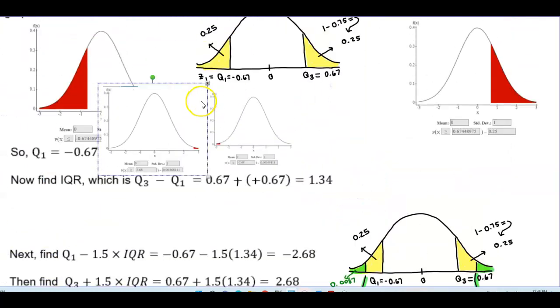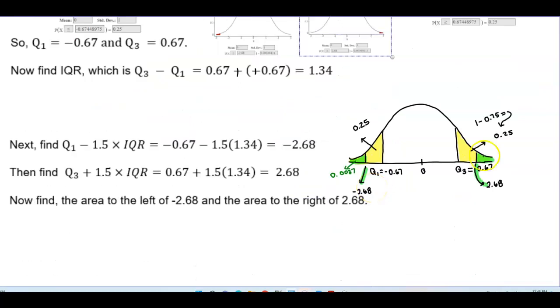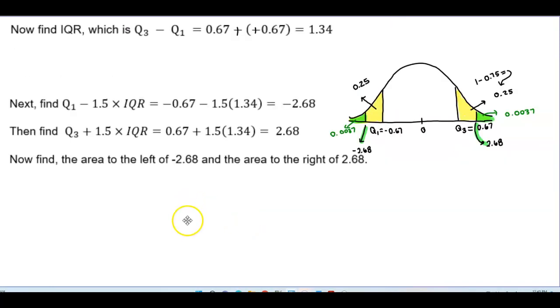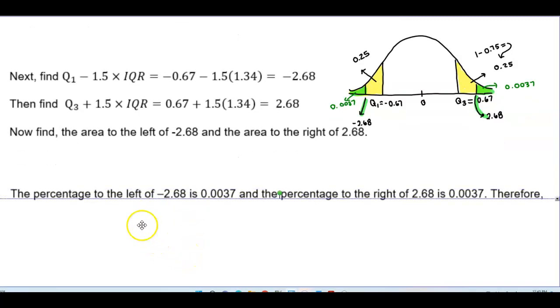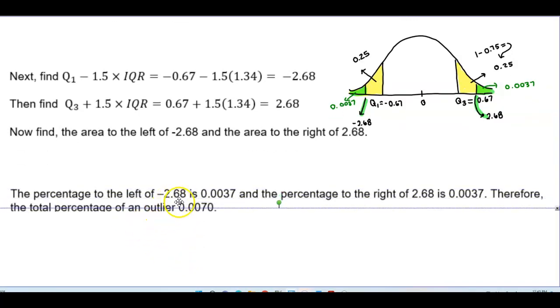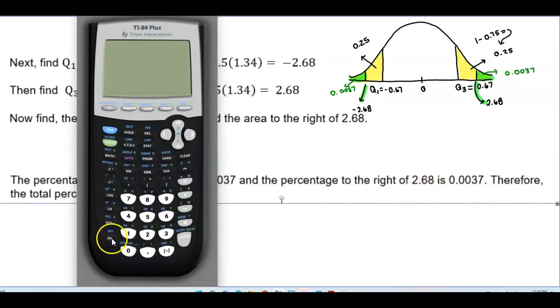So we can see that that also gives us 0.0037 over here. Now, the percentage to the left of negative 2.68 and the percentage to the right of 2.68 is 0.0037, so let's add those together.